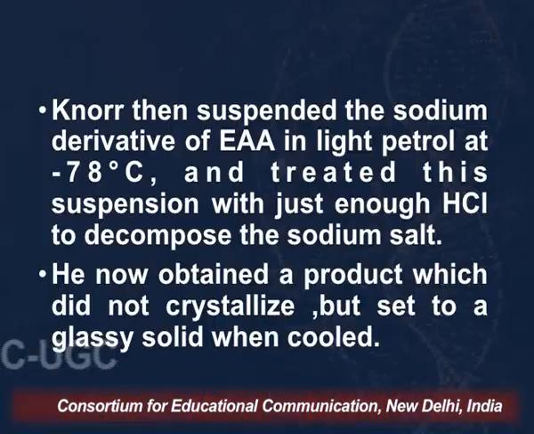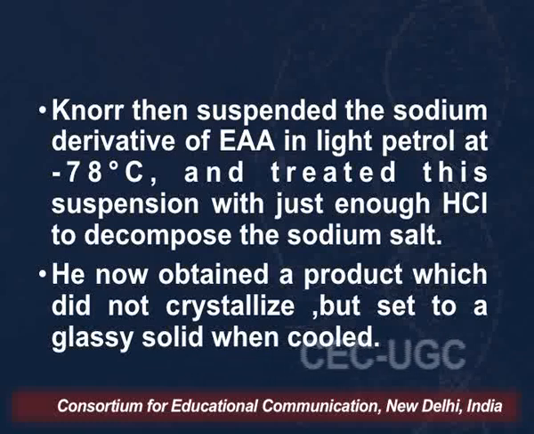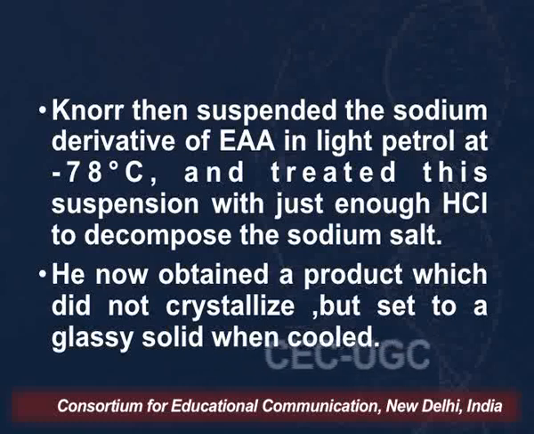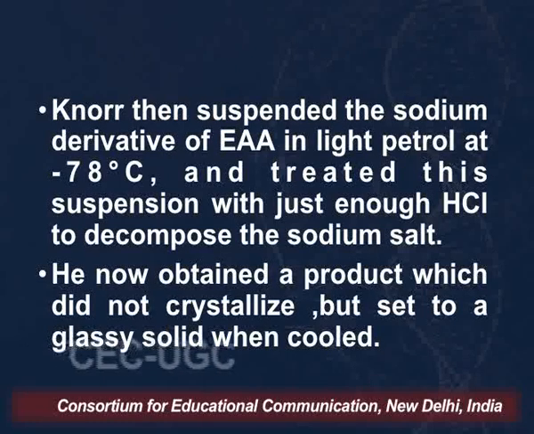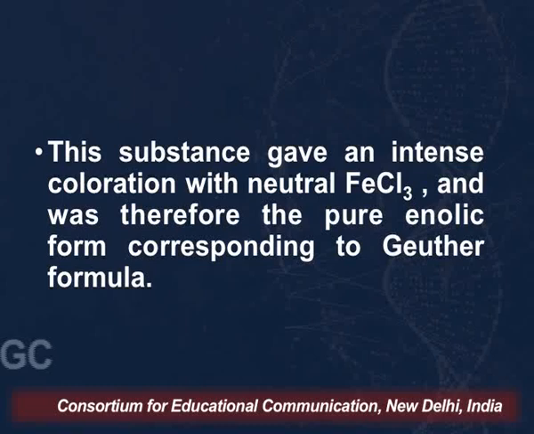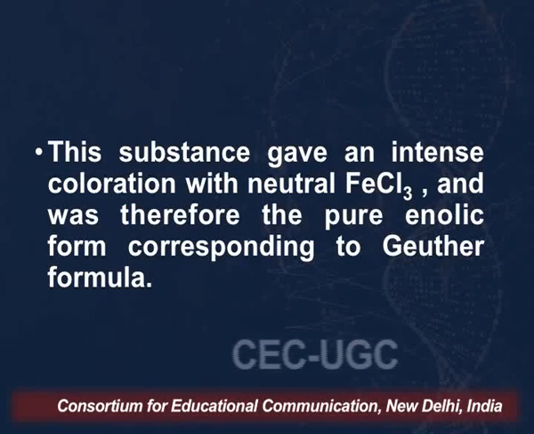Knorr then suspended the sodium derivative of ethyl acetoacetate in light petrol at minus 78 degrees Celsius and treated the suspension with just enough HCl or acetic acid to decompose the sodium salt. He now obtained a product which did not crystallize but set to a glossy solid when cooled, and this substance gave an intense coloration with neutral FeCl3.